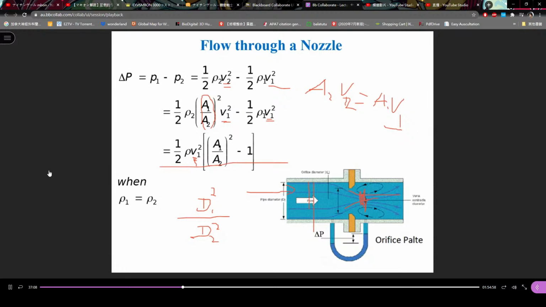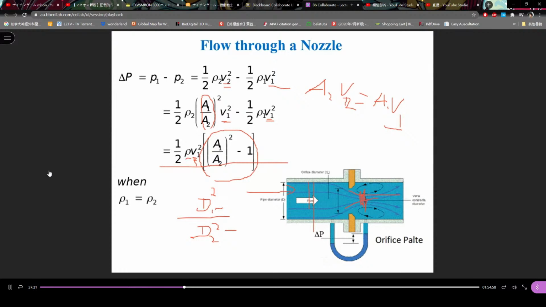And this part is unknown. A1 is known, A2 is known, because we know the diameter. And the density is known, 1000 for water, 1.2 for air.